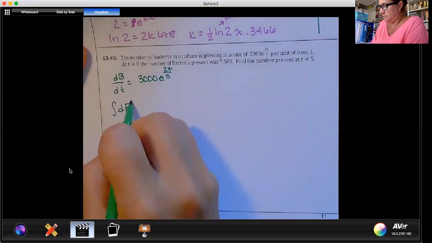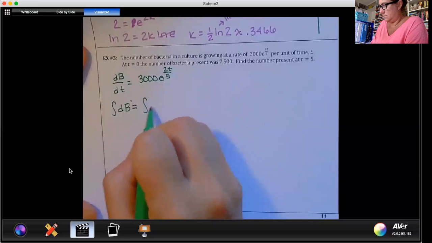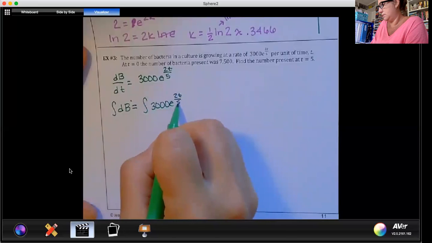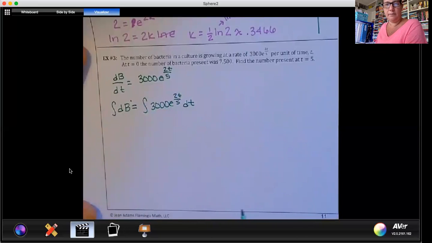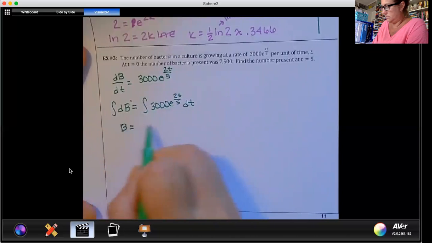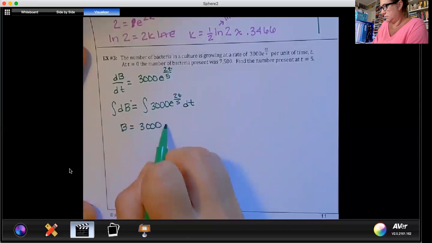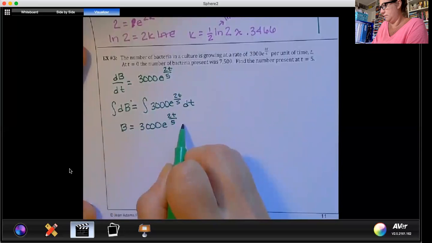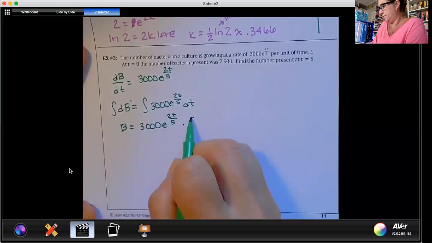Antiderivative. Separate your variables. Antiderivative times the derivative here.